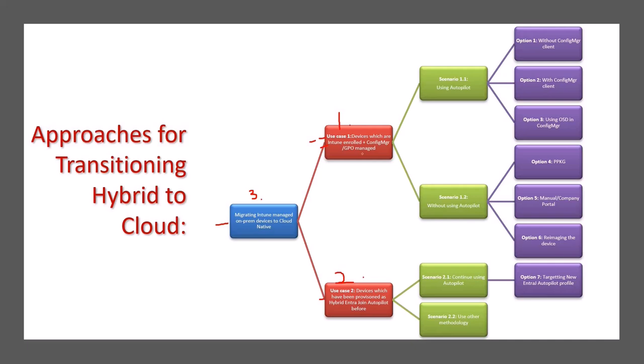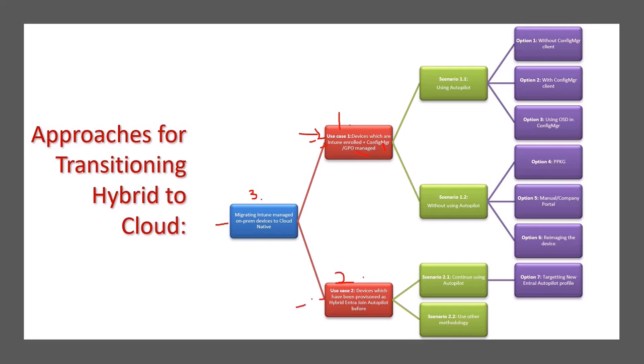So irrespective of whether your device is joined to the on-premise domain and enrolled to Intune using group policy, or if your device is joined to the on-premise domain and you're managing it via SCCM and now you have enabled co-management, due to which the device is currently enrolled to Intune as well, you are falling under use case 1.